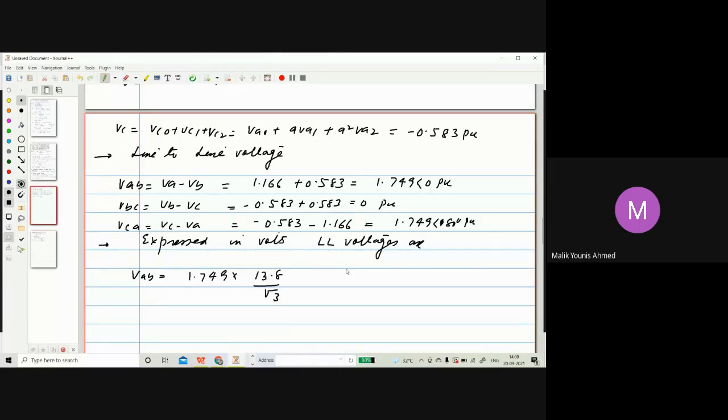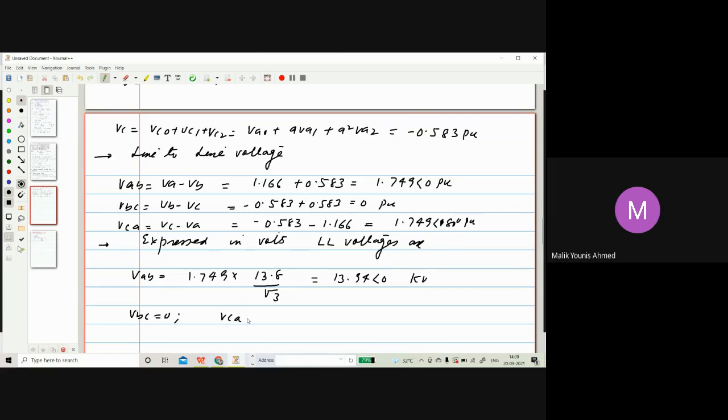That gives 13.94 at an angle of 0, in kilovolts. VBC is 0.